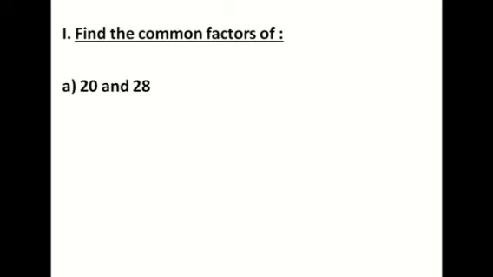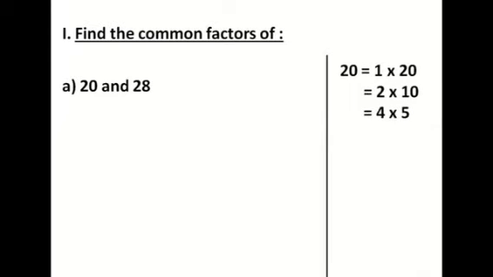In the working column, you can factorize 20 and 28. So first we will factorize 20. So 1 20s are 20, then 2 10s are 20, 4 5s are 20. So please do it in your working column. If you have done, you can check it.